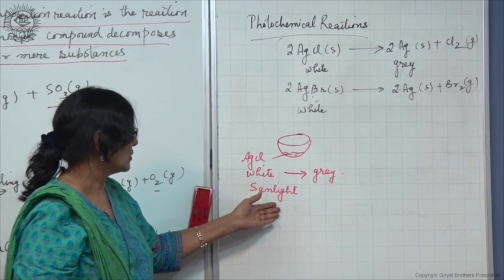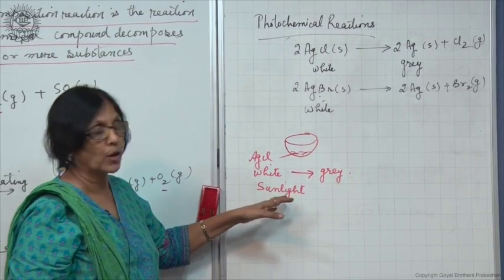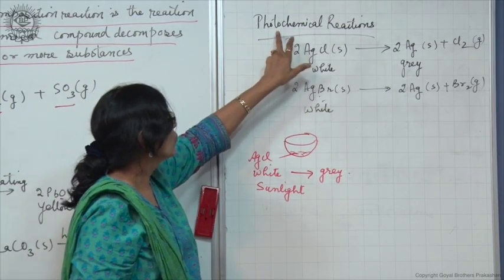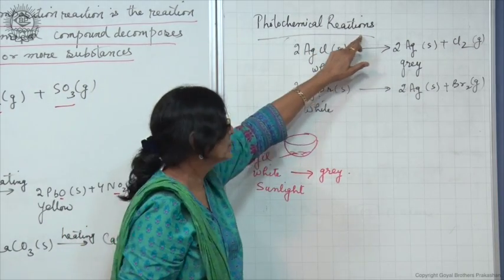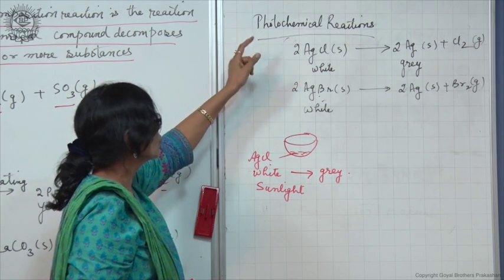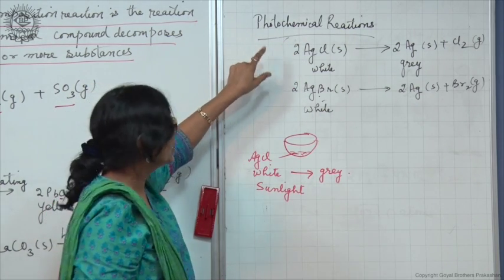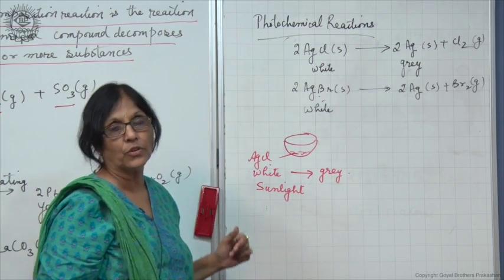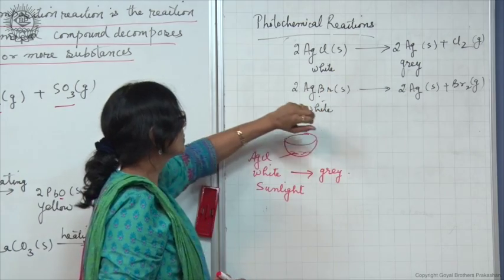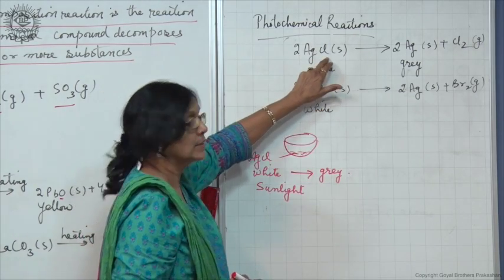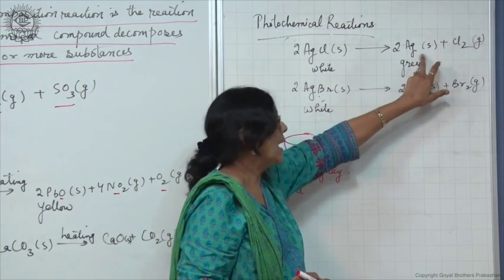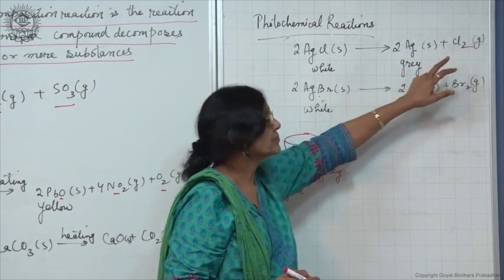Now, this reaction which occurs due to the absorption of energy in the form of sunlight is called a photochemical reaction. Here the energy is absorbed from sunlight. So, those reactions which proceed in the presence of sunlight are called photochemical reactions. When silver chloride is exposed to sunlight, it forms silver and chlorine gas.